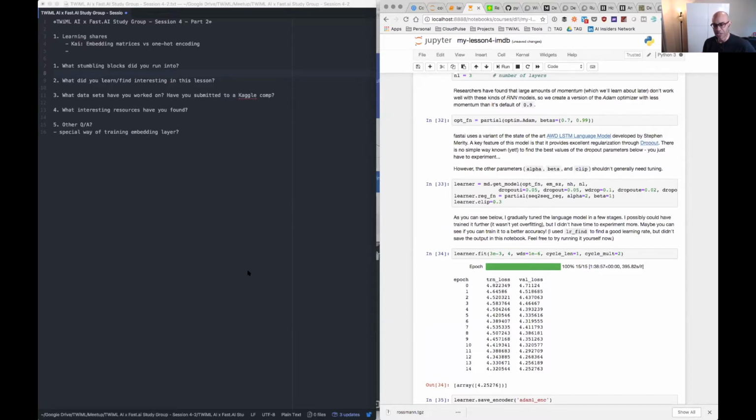But I haven't seen that. And Jeremy, in the earlier lessons, seemed to suggest that you just keep dividing it in half until it runs, like a manual binary search in the batch size space. Has anyone come across anything more, some kind of methodology for that?